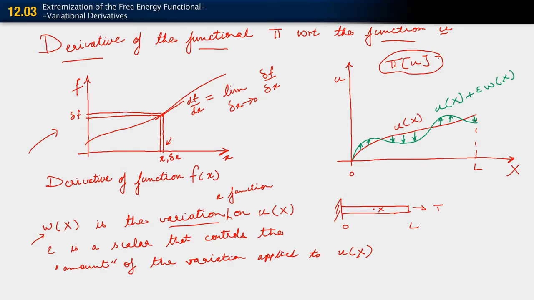Because now we're already talking of how to vary the function and what it means to vary the function. So keep that in mind. Now, it turns out that we cannot apply completely arbitrary variations w. The variations w have to respect certain rules. And here are the rules.